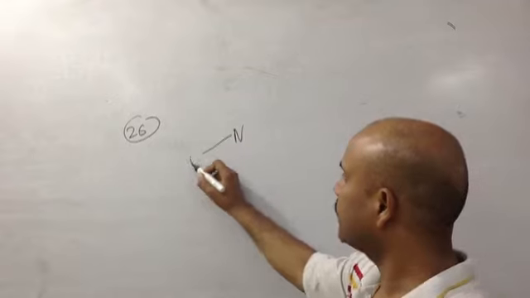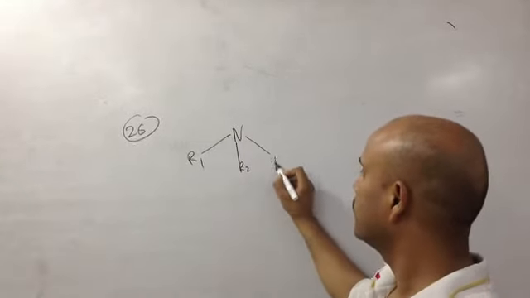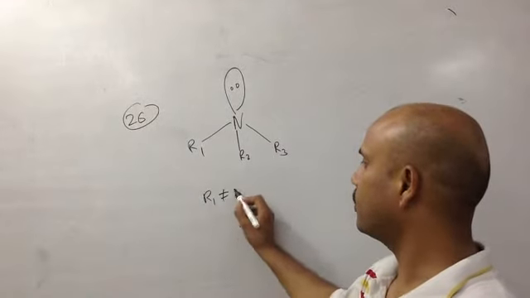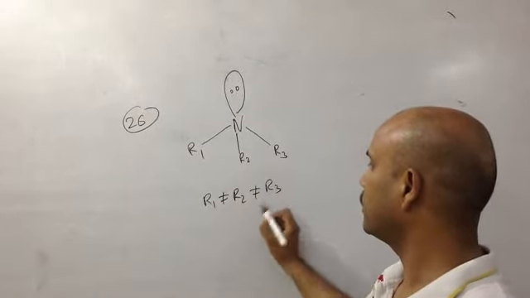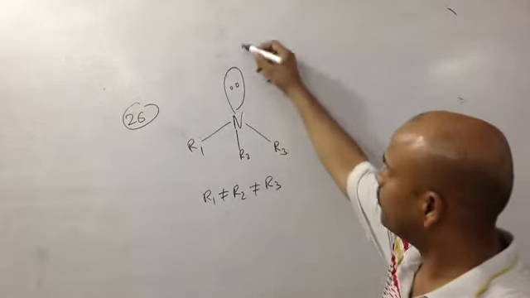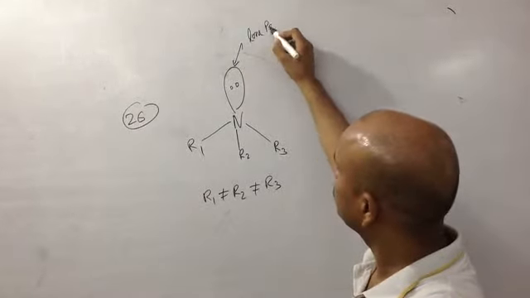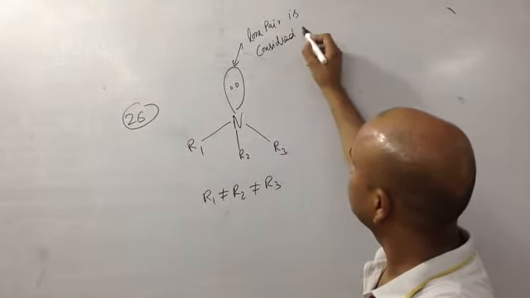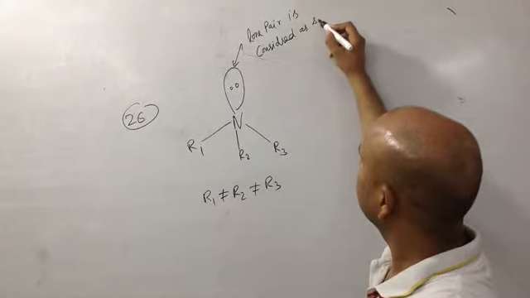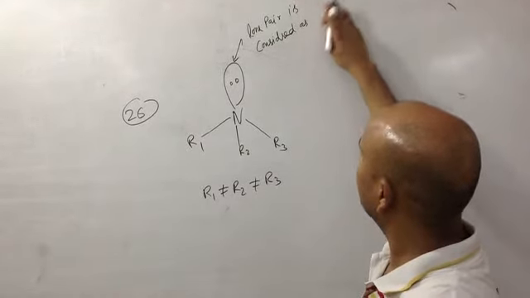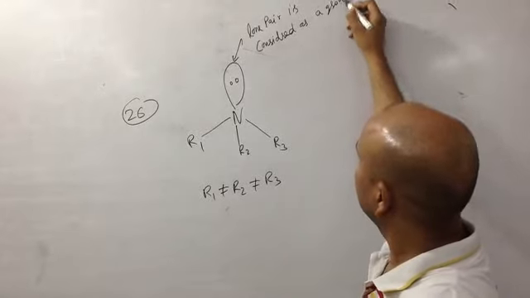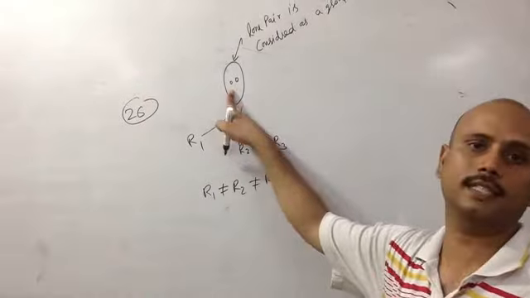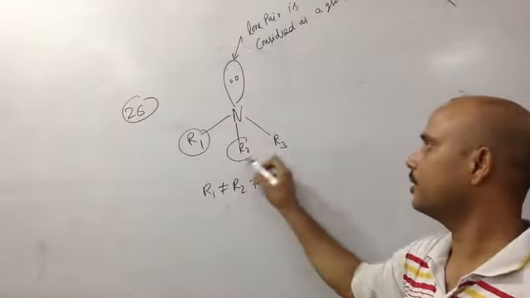Keep in mind, if there are three different groups present with nitrogen, if R1 not equal to R2 not equal to R3, then the lone pair is considered as a single group. Therefore, we can say nitrogen is a chiral atom because the lone pair is considered as a group. R1, R2 and R3 are different.